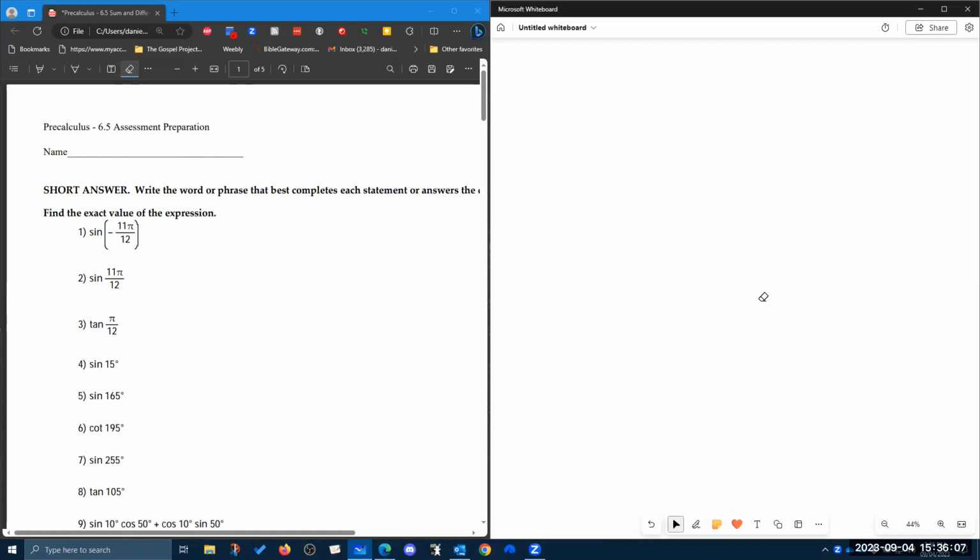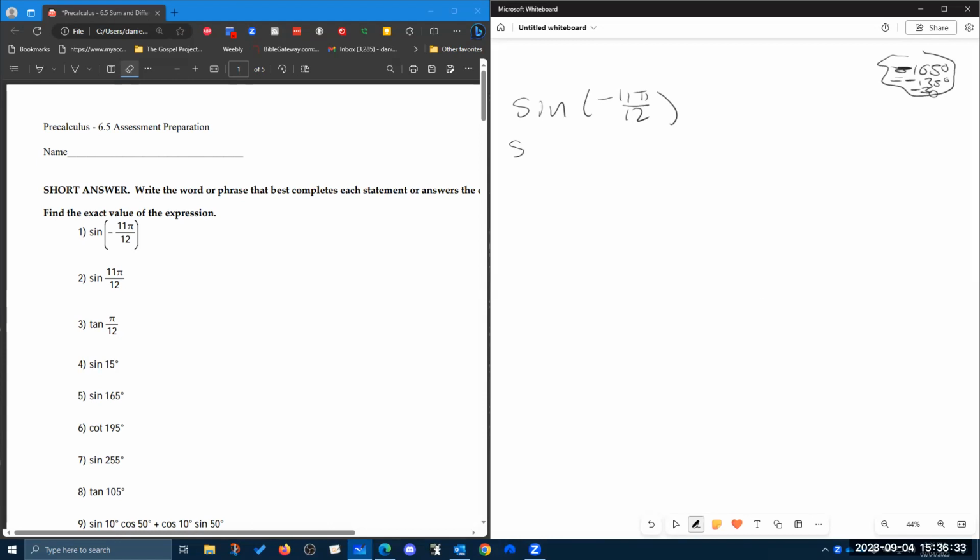So sine of negative 11 pi over 12. It might help you to think that that is negative 165 degrees. So we might want to split that into a negative 135 and a negative 30.